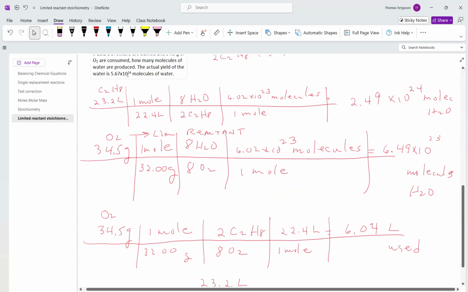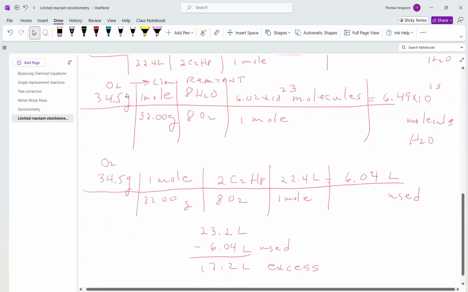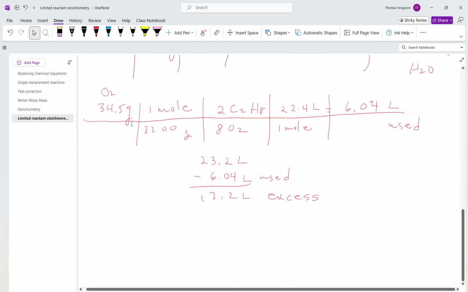Otherwise, it doesn't make sense. Yes, exactly. And this is actual. But the actual has to be less than theoretical. That's why I have to change it to 22. I'm just making these up as we go. Okay, so yield.